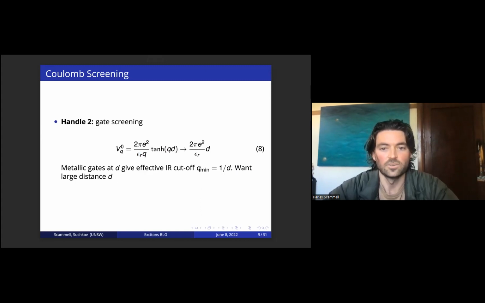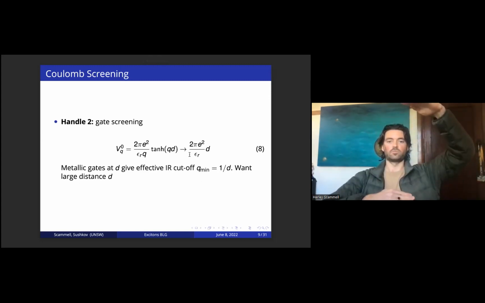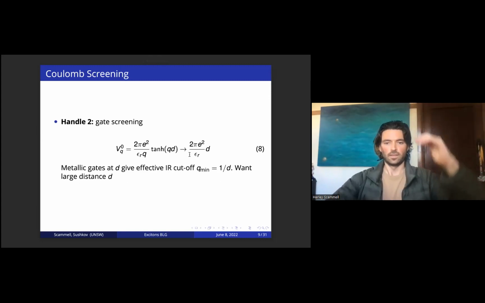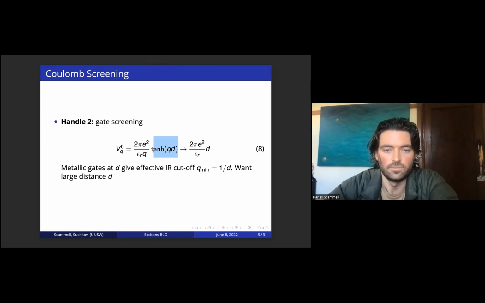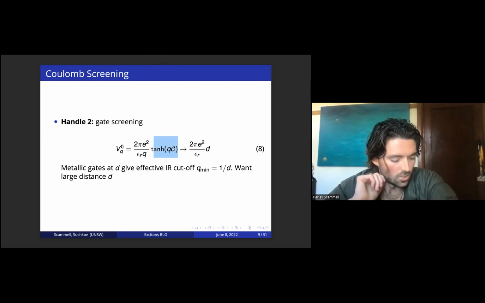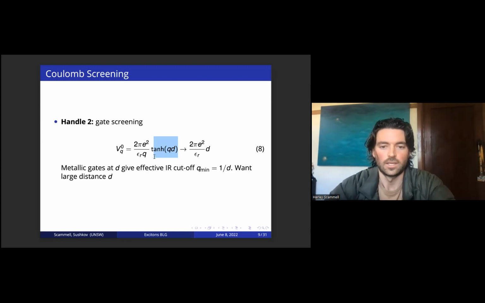Second point is gate screening. So what does gate screening do? Well, here we've got gates symmetrically above and below the bilayer graphene plane. And it incurs this penalty of hyperbolic tan qd, and d is this distance. Most of your dynamics are happening at small q, where q is the momentum transfer. So whereas previously this would be a diverging quantity, it's now cut off.